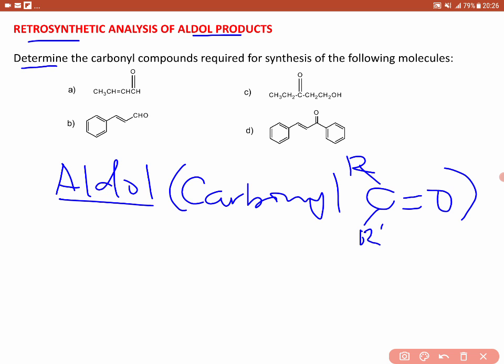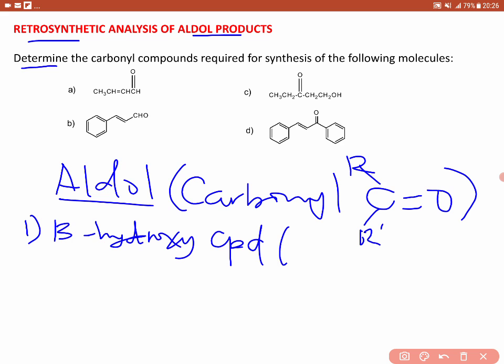And so the product of an aldol reaction is either one, a beta hydroxy compound, which can be a beta hydroxy aldehyde or a beta hydroxy ketone.